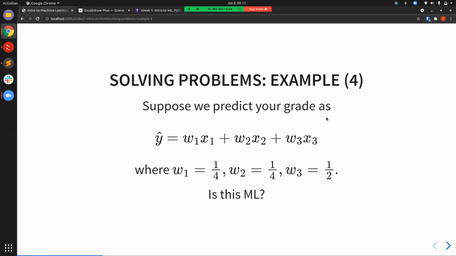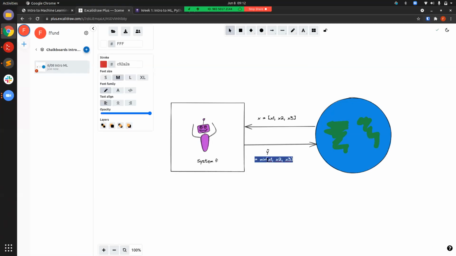So let's say your predicted course grade in machine learning should be based half on your grades in previous math courses and half on your grades in previous programming courses. So we'll give 1/4 of the weight to linear algebra, 1/4 of the weight to probability, and half of the weight to programming. So now we have 1/4 x1 plus 1/4 x2 plus 1/2 x3.